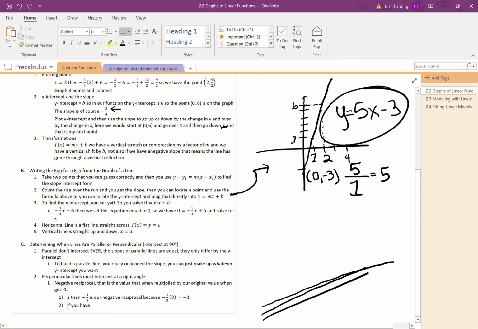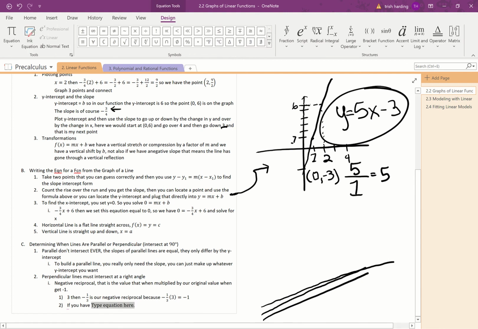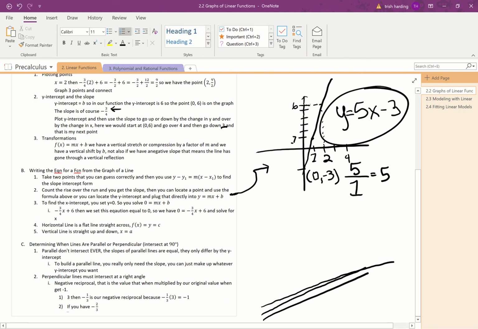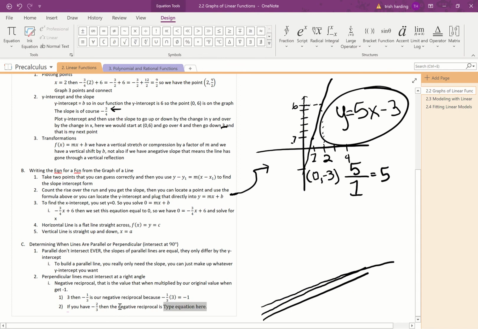If you have -2/3, and it goes the other way too, then the negative reciprocal is 3/2.